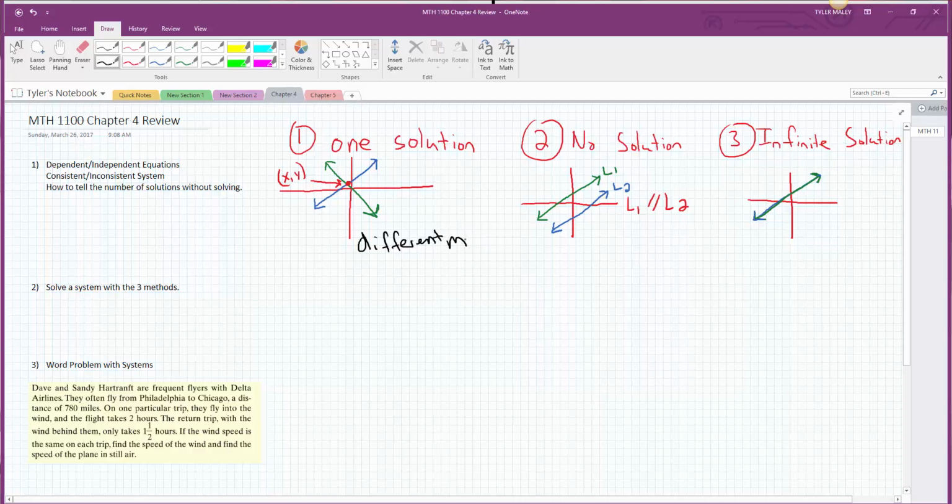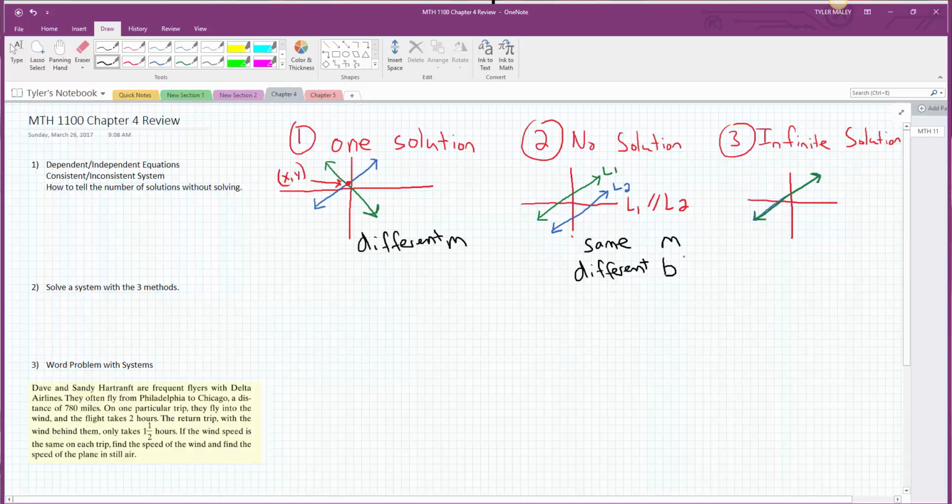When something has no solution, two parallel lines, or excuse me, this should be the same slope. Got ahead of myself, right? So we have the same slope and different y-intercepts. And when two lines are parallel, that means they have the same slope.